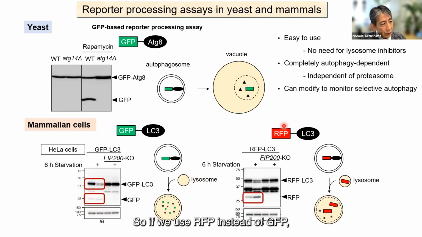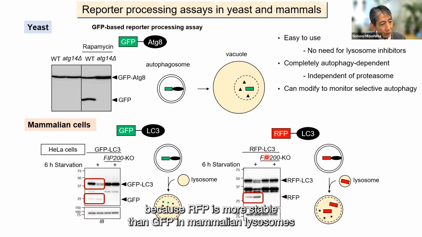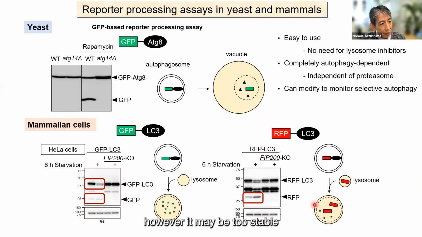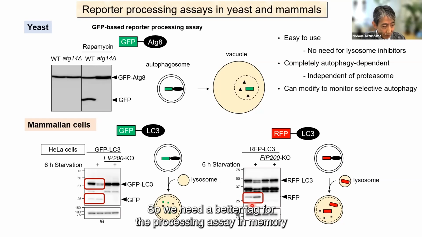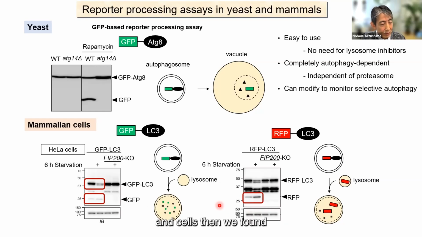If we use RFP instead of GFP, we actually detect an RFP fragment because RFP is more stable than GFP in mammalian lysosomes. However, it may be too stable, and we often detected the RFP fragment even before autophagy induction due to basal autophagy flux. So the difference is often unclear. We need a better tag for the processing assay in mammalian cells.